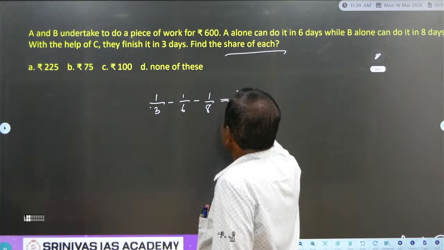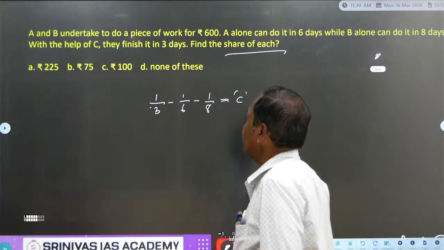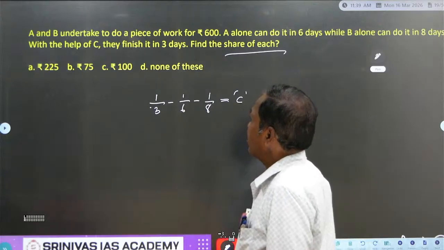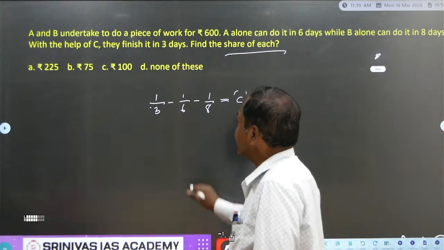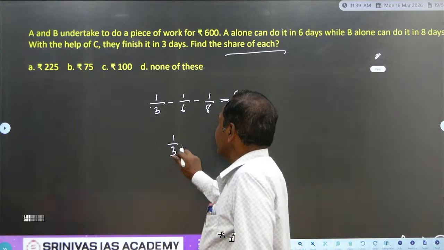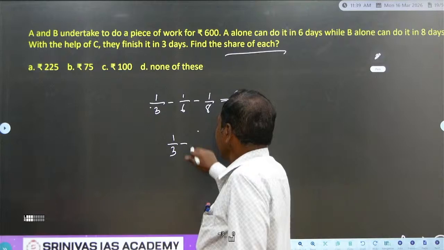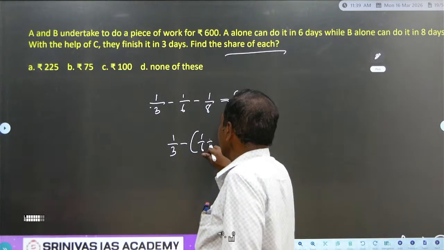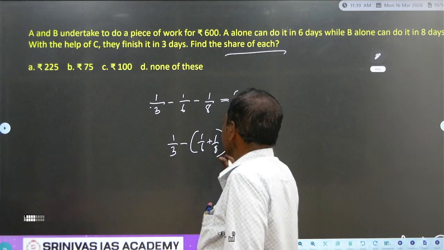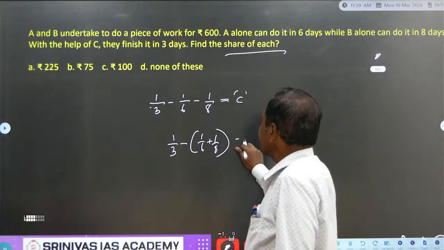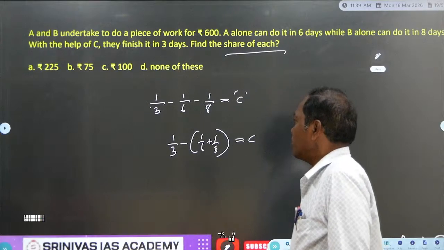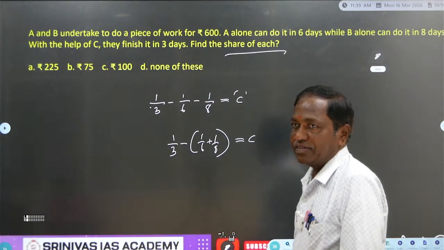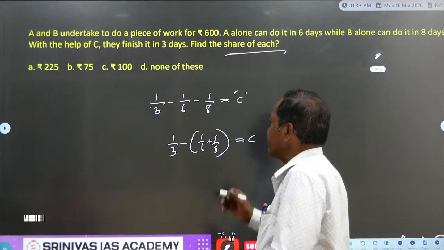Sir, you do plus 1 by 8. Which one? 1 by 6 plus 1 by 8. If you do like that, you are supposed to write 1 by 3 minus, in brackets, 1 by 6 plus 1 by 8. Both have to be subtracted from this. You will get C's work. You have to put both in brackets. If you don't put brackets, you can subtract straight away.